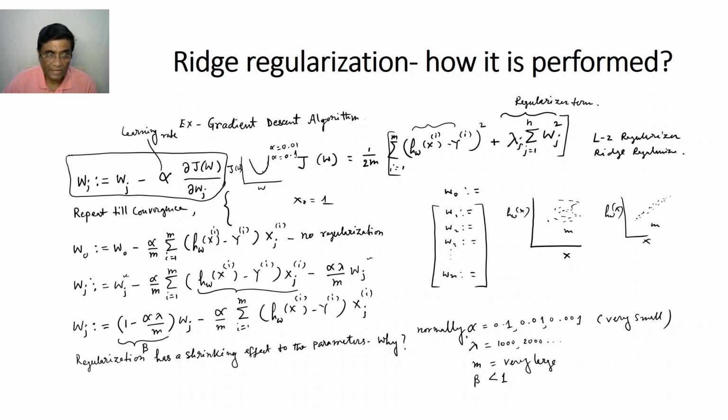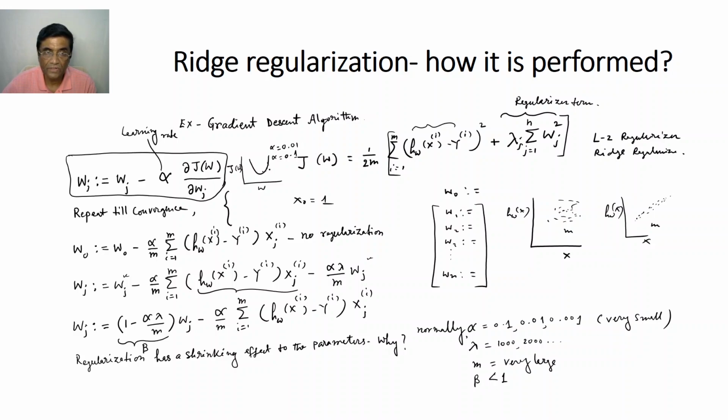Wj, the new assigned value, equals the earlier wj minus alpha by m. So this is the derivation we have done. That is the derivative of this function, right? And then the derivative of this function. So alpha is there, alpha is also there. So that's how alpha times this.